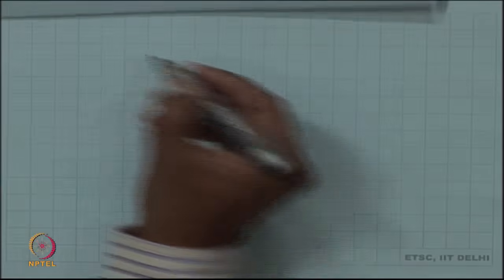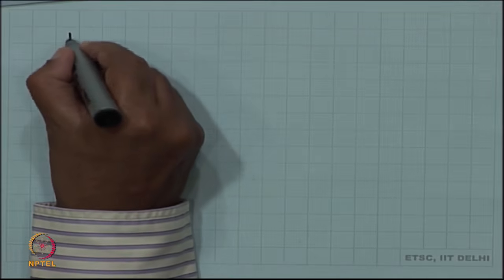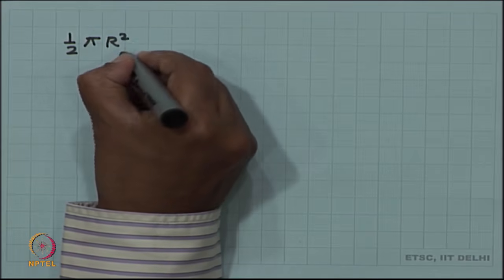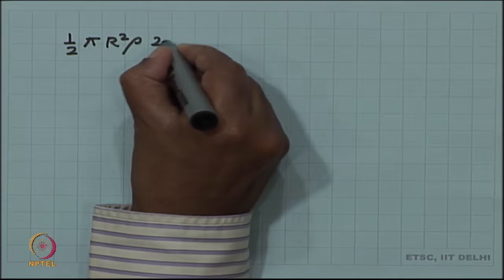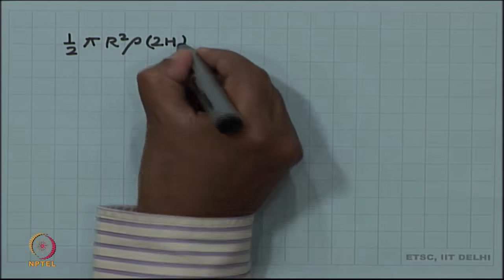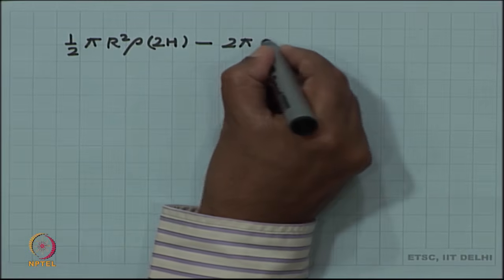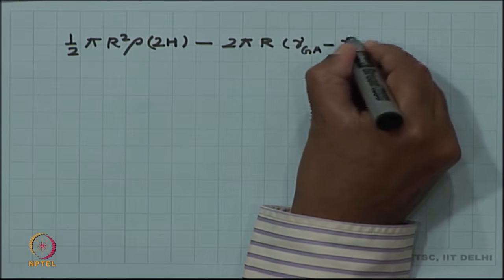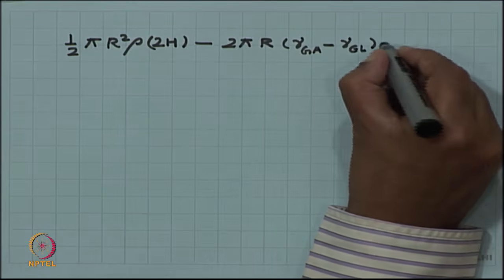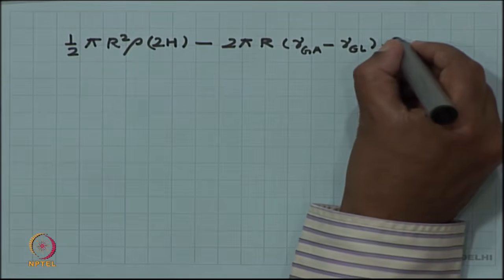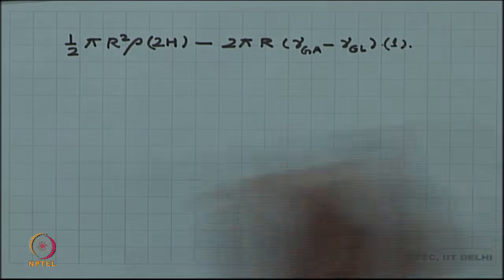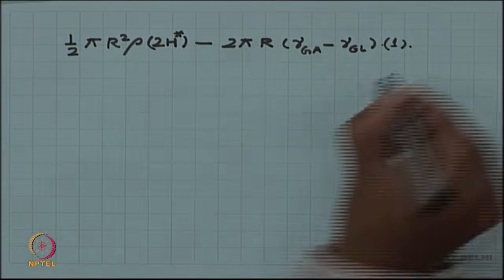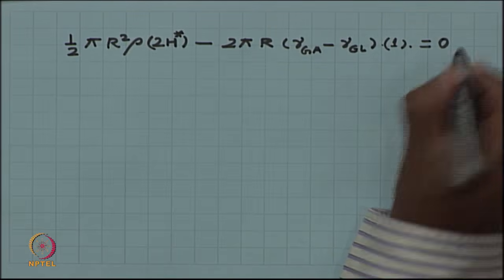So, we differentiate and then we find half pi r square rho, h square differentiates as 2h, minus 2 pi r, gamma g a minus gamma g l, h differentiates as 1, and at the equilibrium height h star, this quantity will be 0.